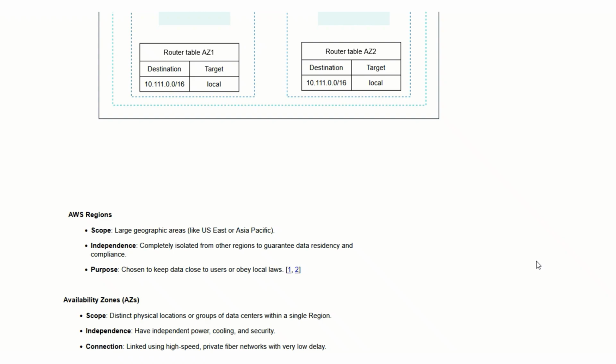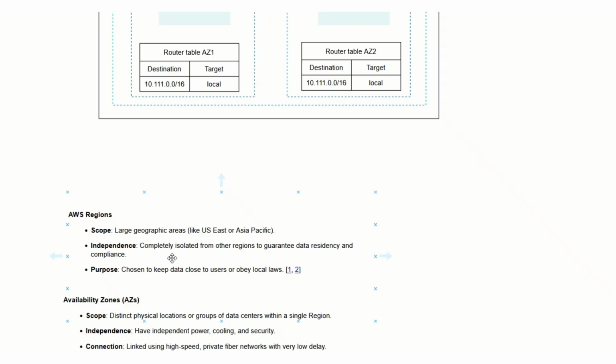So why do we need this region? Let's say you are running a business located in India, or if you are running any business in the US, you don't want to host the data in another country, right?